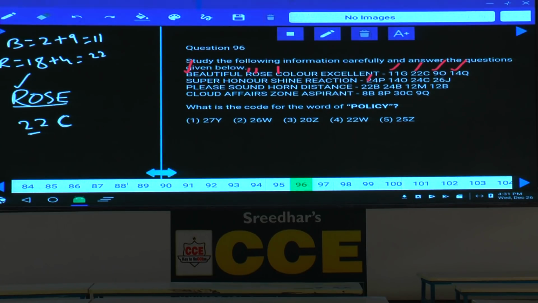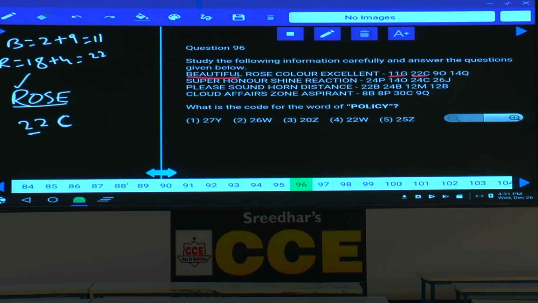We cannot take Q. The numbers and the codes are not separated; they were given together. This 11G is a code to one word, 22C is a code to one word. We cannot divide them, such as 11 to one word and G to another word; that is not given. Clear? Now, how will you get this G here?